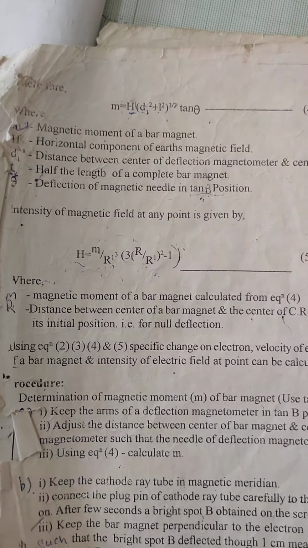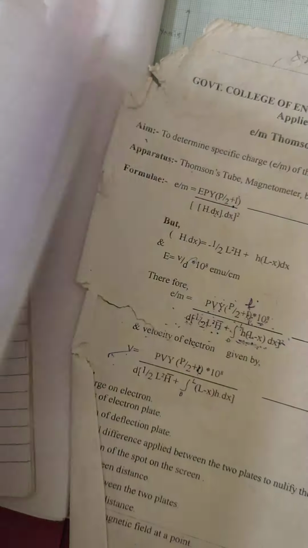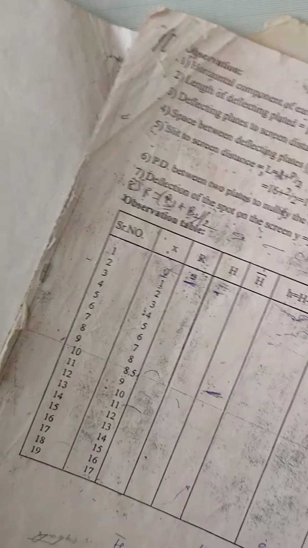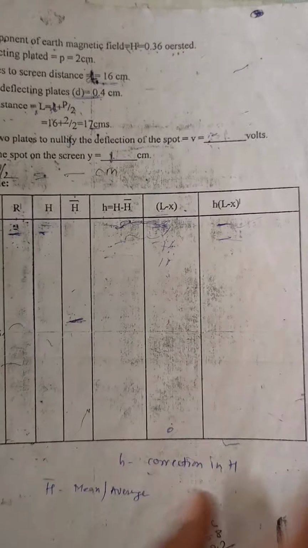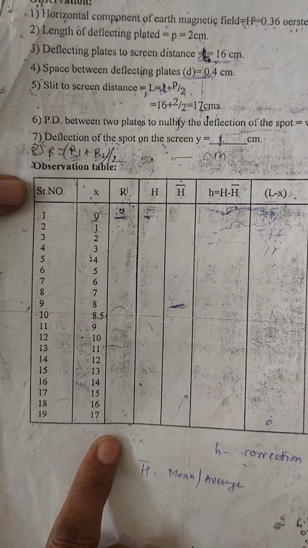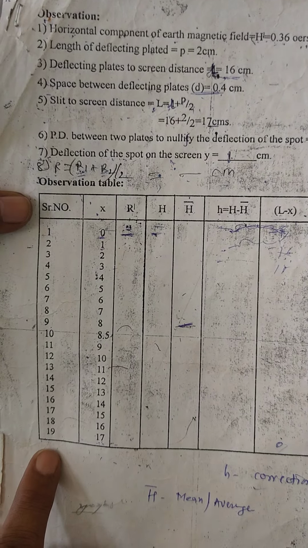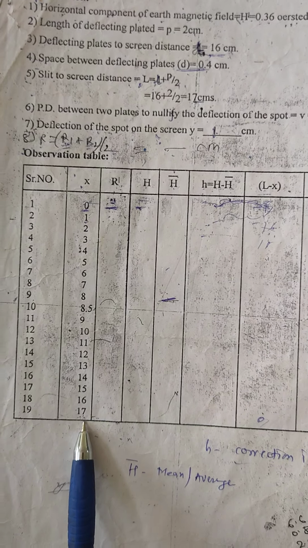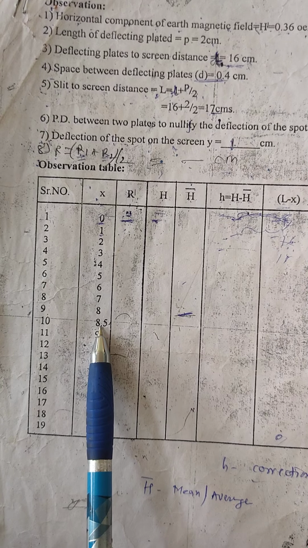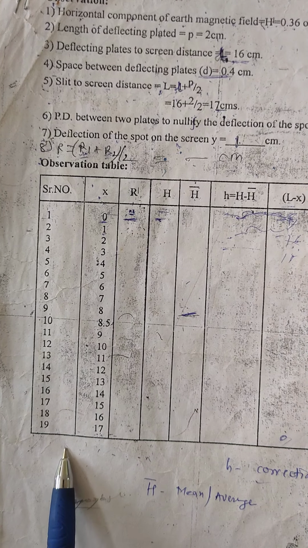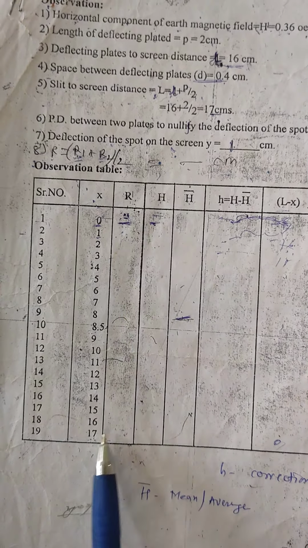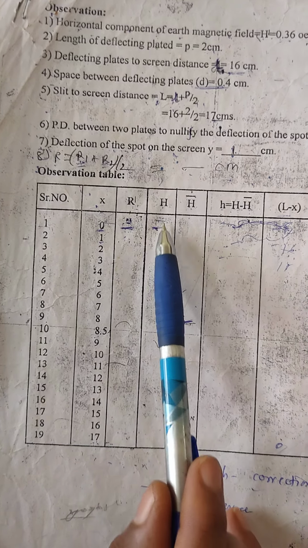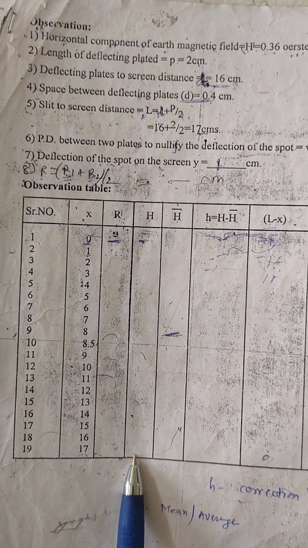So you will calculate that way H, that is the intensity of magnetic field at any point, and that you will do for each value of R dash. That is you are doing it 19 times because R dash is 19 times, X is 0 to 17 and 8.5, that is total 19 values of X are there, naturally total 19 values of R dash, and H also you will calculate 19 times.